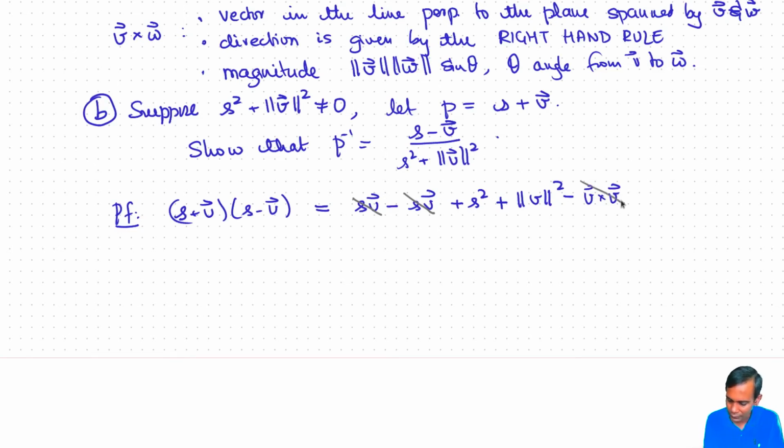So that sine term will kill it, and so what we get is just S squared plus the norm of V squared. This is just a multiple of 1, so you can think of this as a scalar multiple, and from this the identity follows.